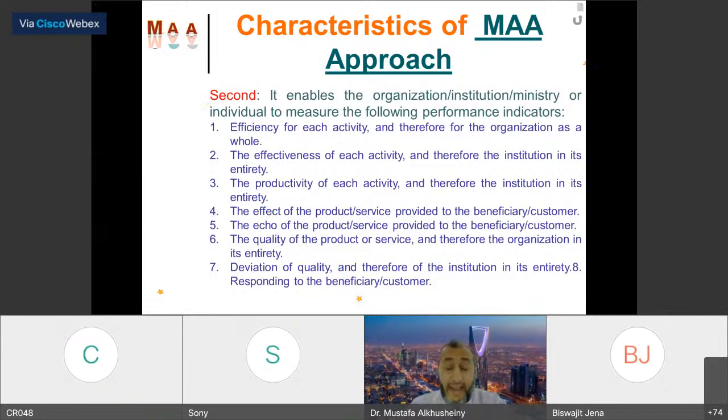Any deviation in quality, at any time, can be controlled.